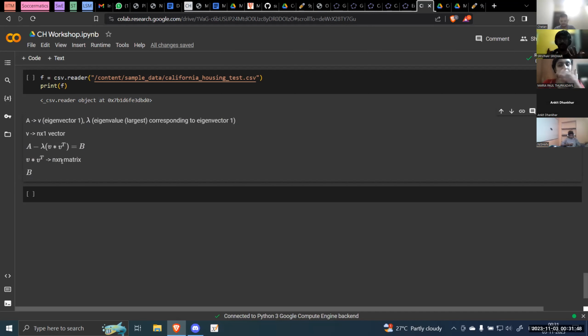After we find that, how do I find the second eigenvector? That was the question. So this is a way to find the next eigenvector.